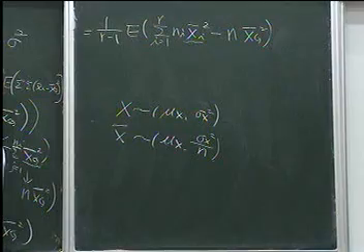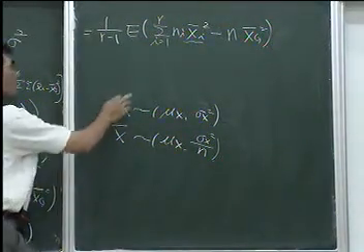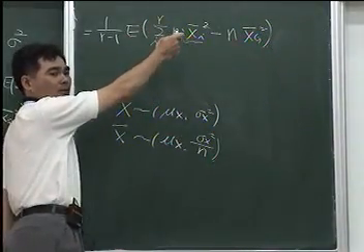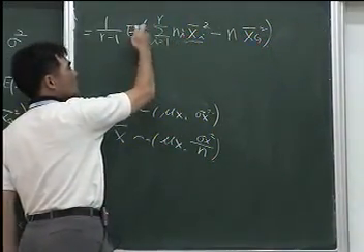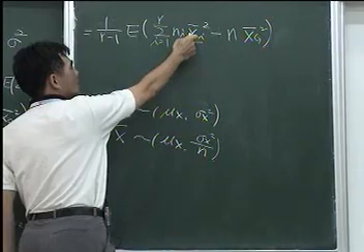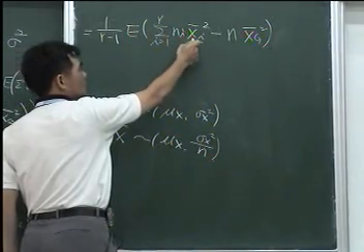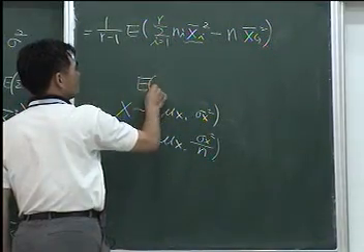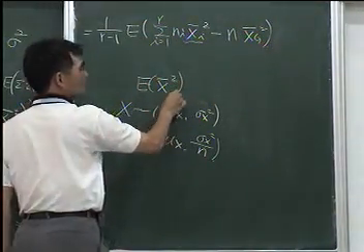But what about here? Because we have the expectation moved inside, we have to do expectation here. And so actually you are looking at expectation of x bar squared.